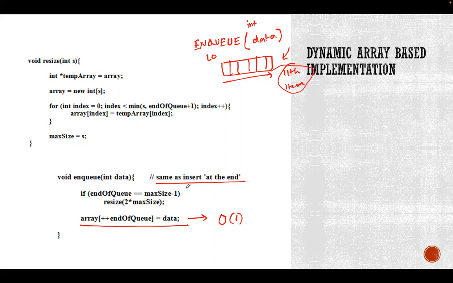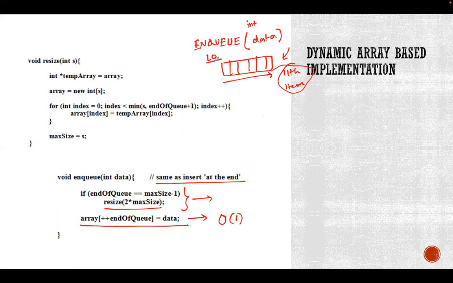So when we insert an item, if it exceeds the maximum size, we want to resize the queue. Resizing is the same as in our list implementation: it is going to double the size of the array.